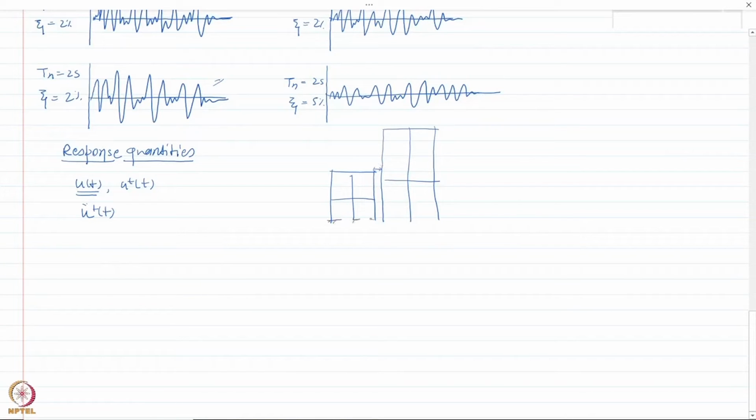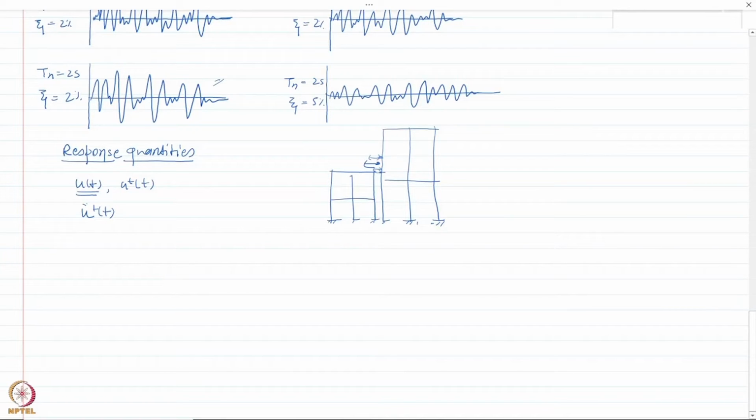Because when you have structures of different time periods shaking due to the ground excitation, at this point, due to the displacement of the structure at the top, this structure might impact the other structure at the point of contact. It might lead to damage to the structure.